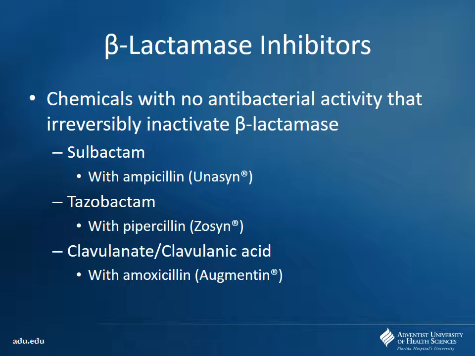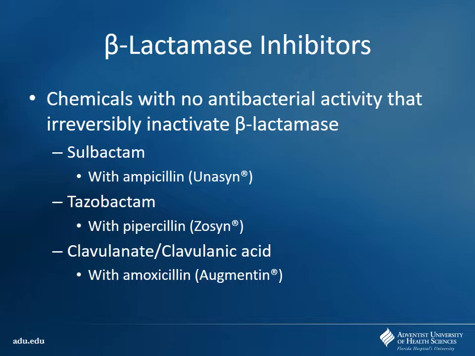So to overcome that, we developed some beta-lactamase inhibitors. As you might imagine, they inhibit beta-lactamase. Pretty easy. Essentially these are molecules that have no activity against the bacteria themselves. They have no antibacterial activity, but they basically keep the beta-lactamase busy while your penicillin goes and does its thing, right?